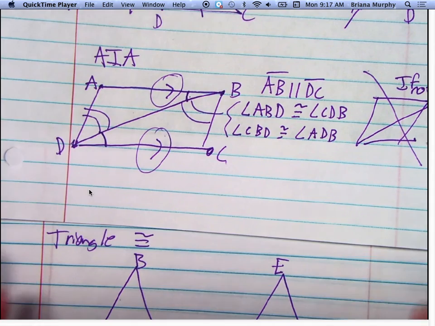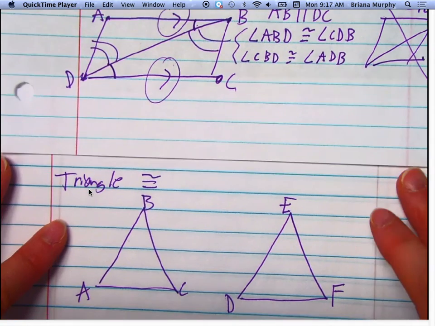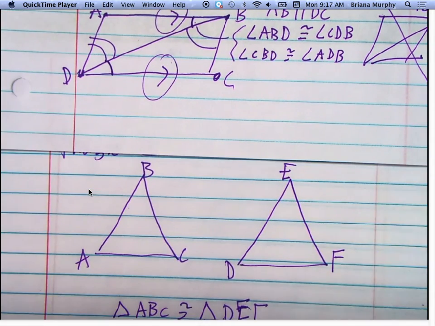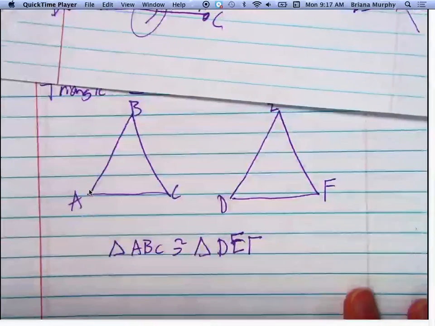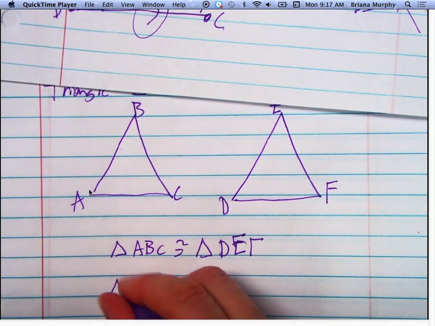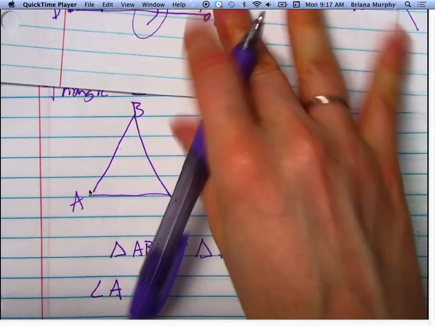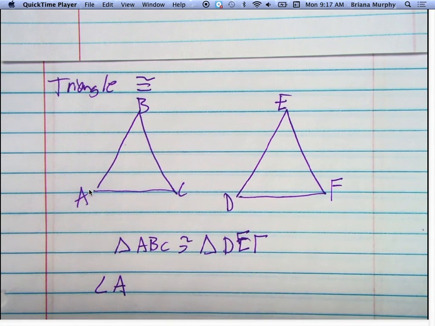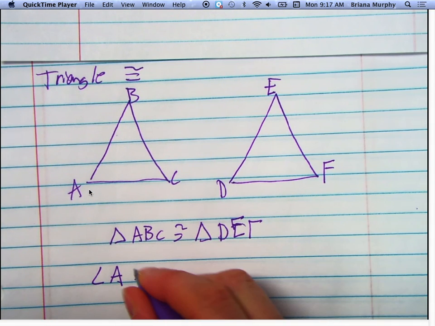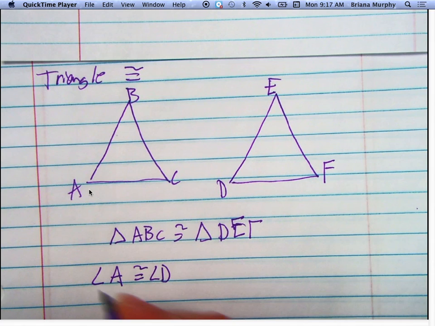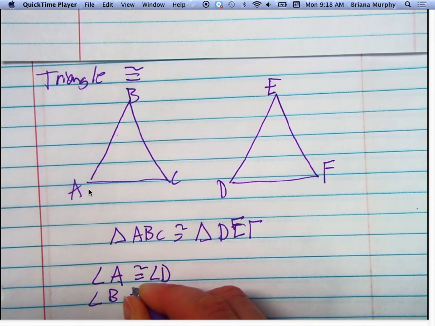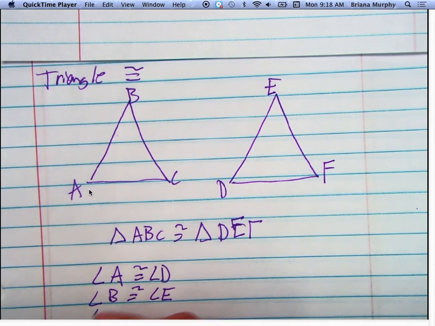So we have to state all of the things that make them congruent. So let's list our angles. What is congruent to angle A? D. What is congruent to angle B? Angle E. What is congruent to angle C?